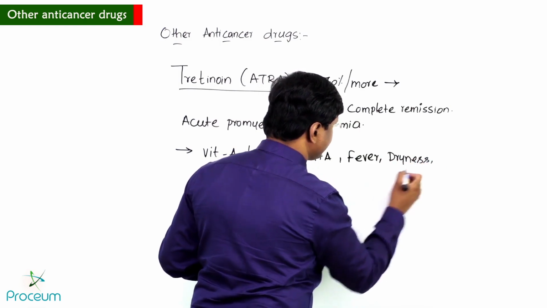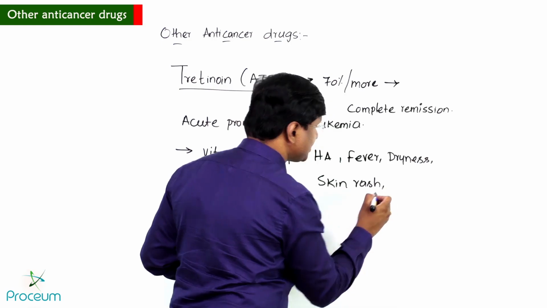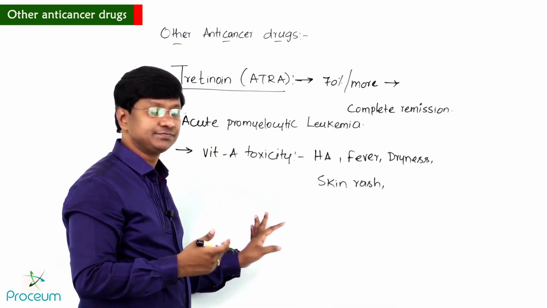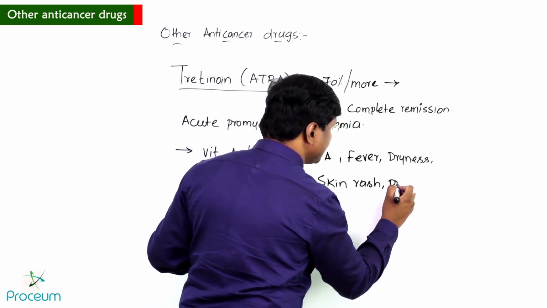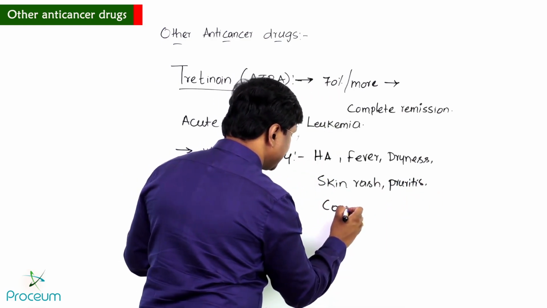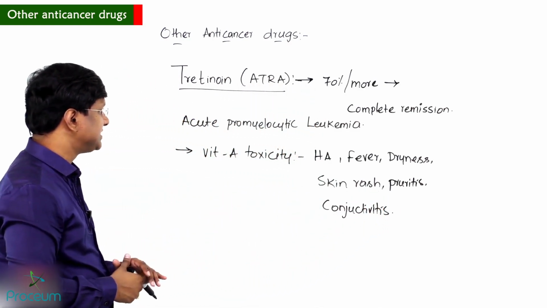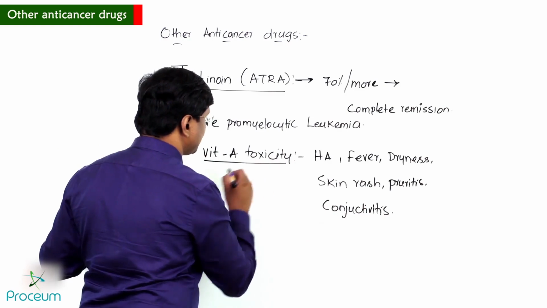Not only dryness of the skin, the individual can also have skin rash, the dermatological manifestation, and because of the dryness they will have pruritus, and within the eye it can cause conjunctivitis. So that is your vitamin A toxicity.